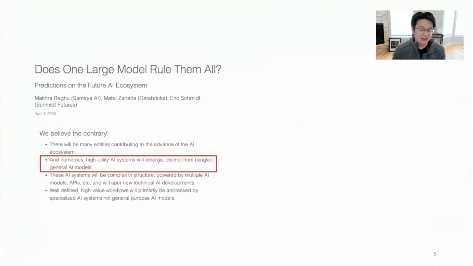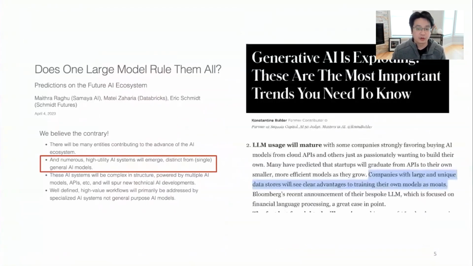And it's not just us. If you look at some of the recent thought pieces coming out of folks at Databricks or Eric Schmidt, formerly from Google, and also from other venture capital firms, they really see a world where there will be a decentralization of all these different model and model building capabilities across the ecosystem.